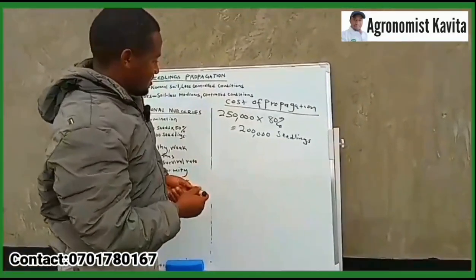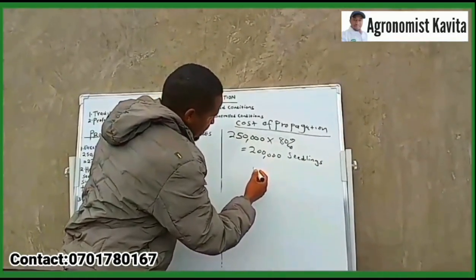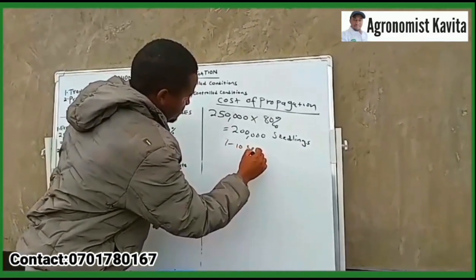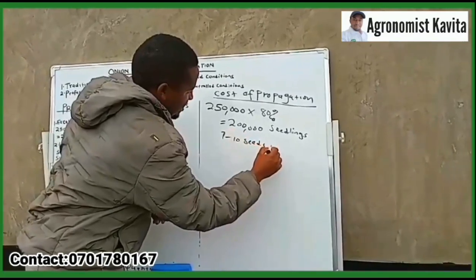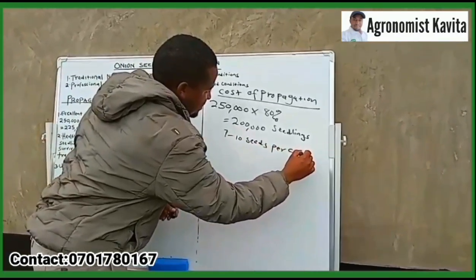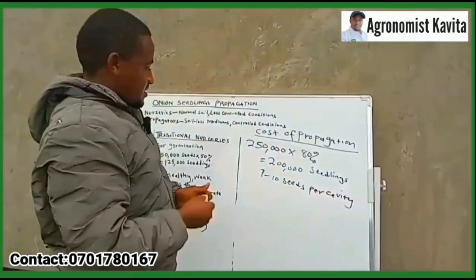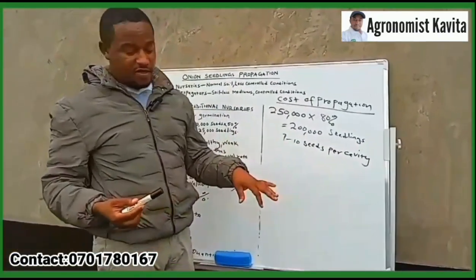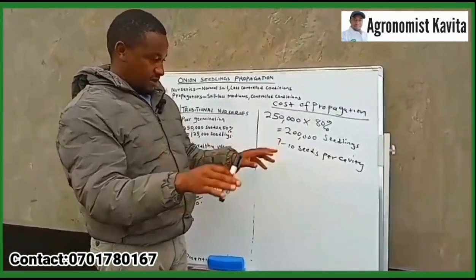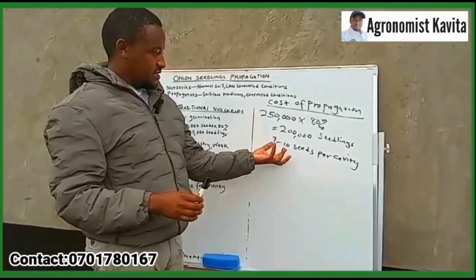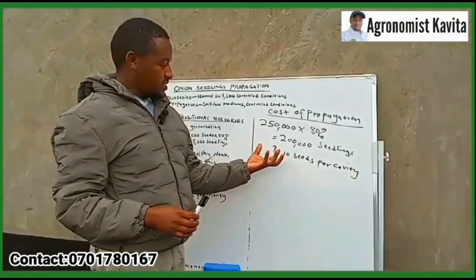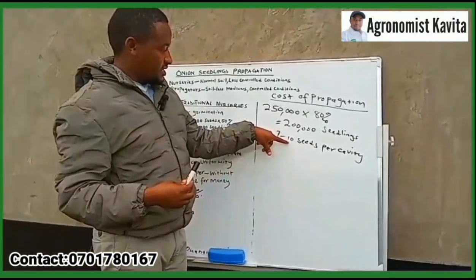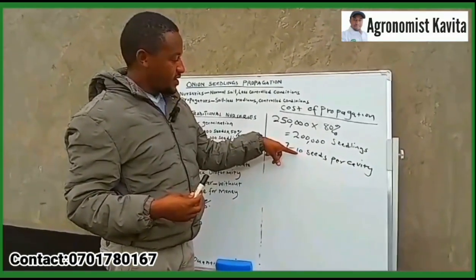per cavity, the common practice used to be between 7 to 10 seeds. When you take your seeds to a propagator where they give you the chance to decide how many seeds should be placed per cavity, I would not recommend you go for 10 or 9.